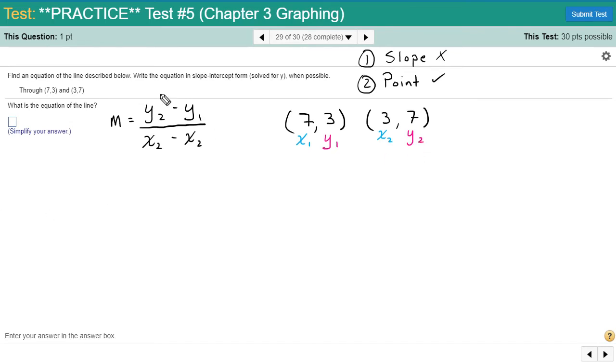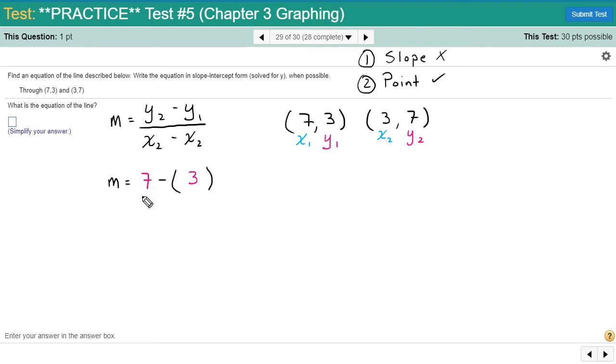So now we've got the formula we're using to find the slope. We've got our 2 points. They're labeled. Let's plug and chug for the formula. So m is equal to y sub 2. Well, based on how we labeled our points, y sub 2 is 7. So 7 minus y sub 1. And what is y sub 1? Well, y sub 1 is positive 3.